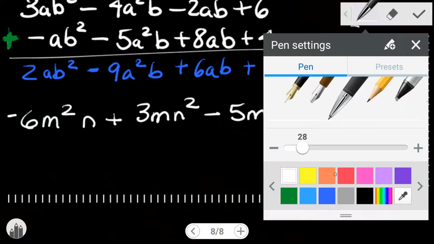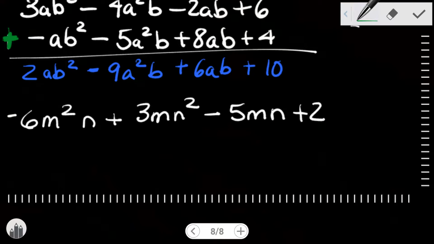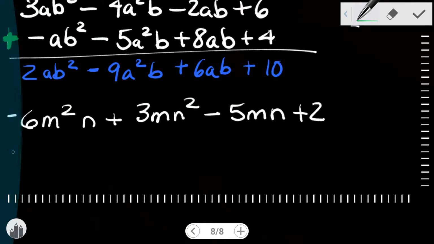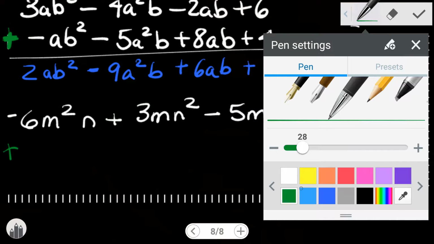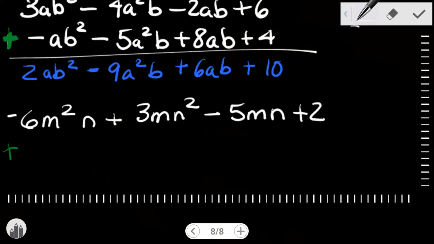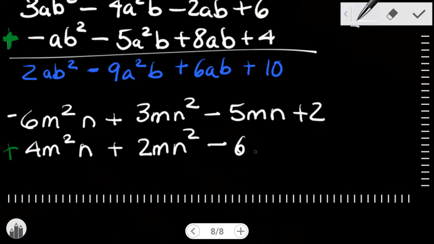So we are going to be adding this one, doing another adding one. So we're going to be adding that to 4m squared times n plus 2m n squared minus 6mn minus 9.